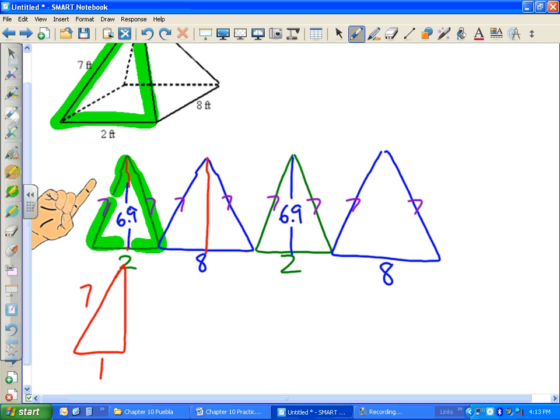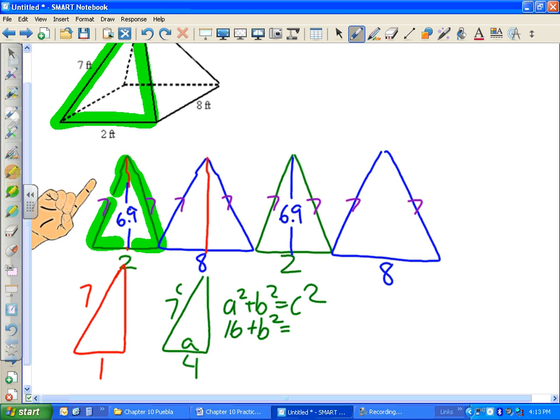Okay, now let's find the other one. This one right here is going to be a 4 and a 7. So now let's figure out what this one is. Let's see, that's going to be a squared plus b squared equals c squared. So this is a, maybe that's c. So that's 16 plus b squared equals 7 times 7, 49.